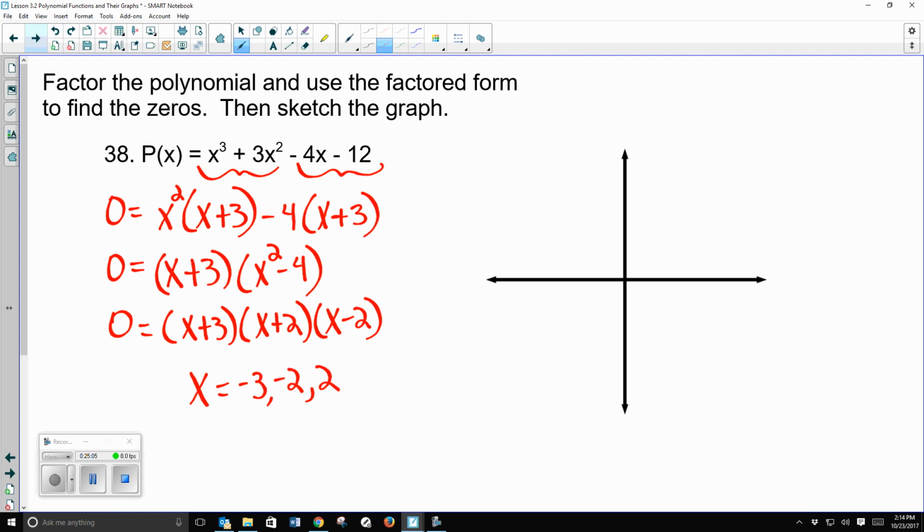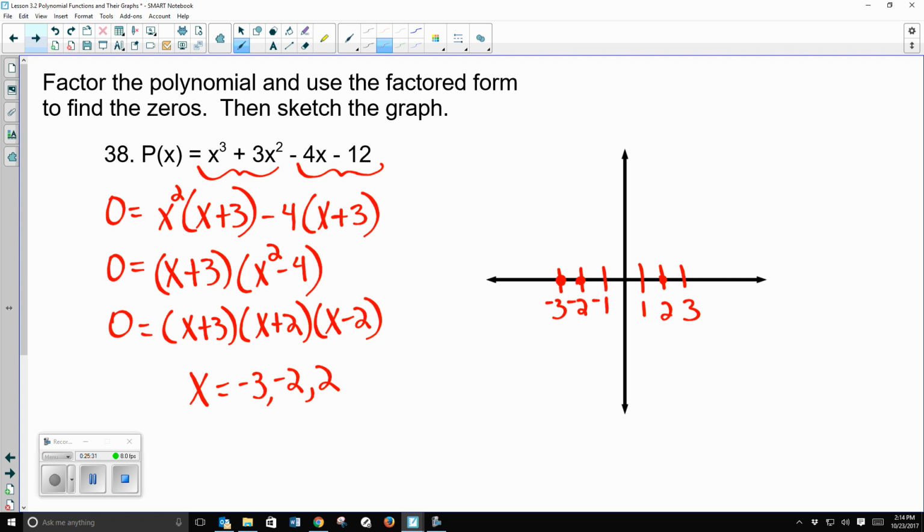Are they pass-throughs, bounces, wiggles? What do they do? They all pass through. So I'm going to plot these points: -3, -2, and +2.